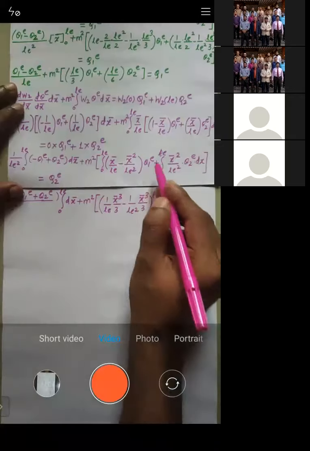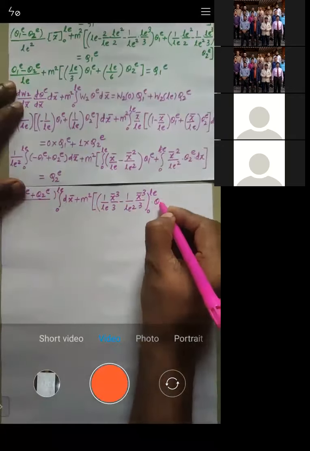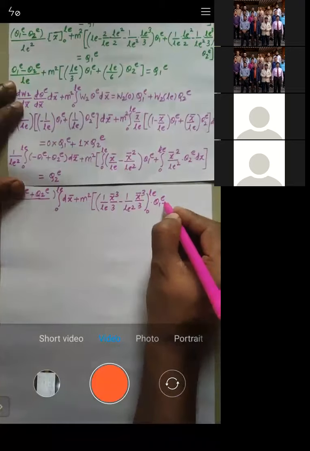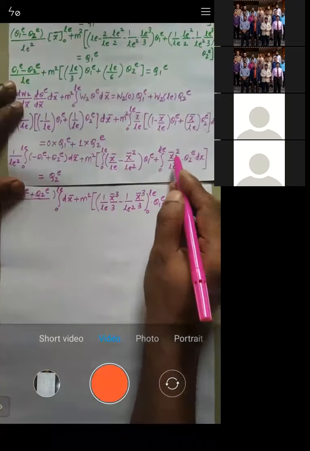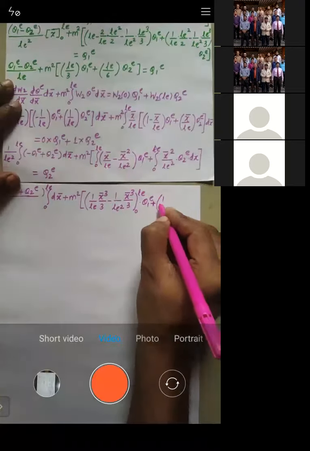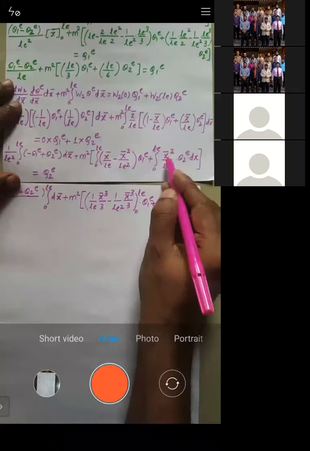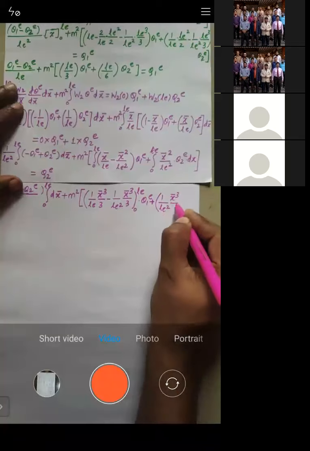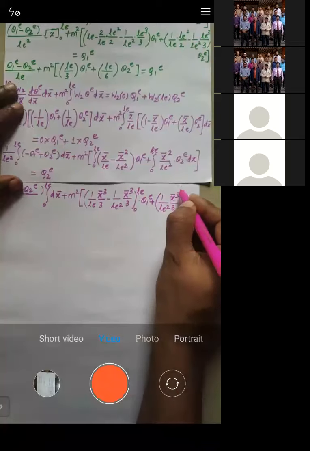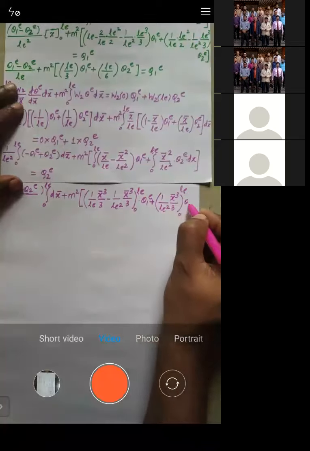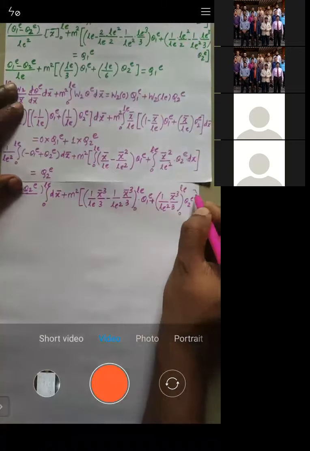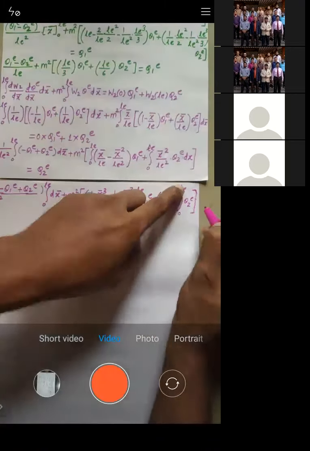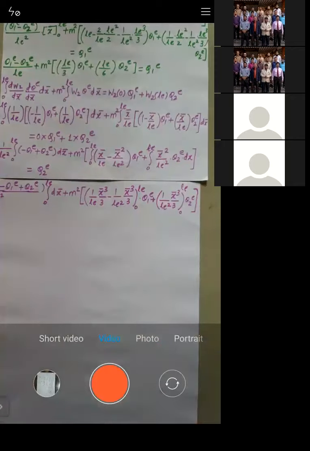I've given the limit, into theta 1, plus now I'll integrate this term. 1 by LE square as it is, integration of x bar square, so it's x bar cube by 3 for the limit 0 to LE, into theta 2. Is it okay, all of you? Let me know. Simple integration is there.